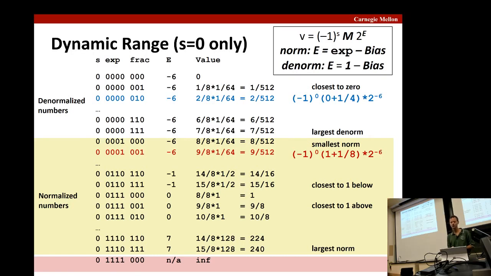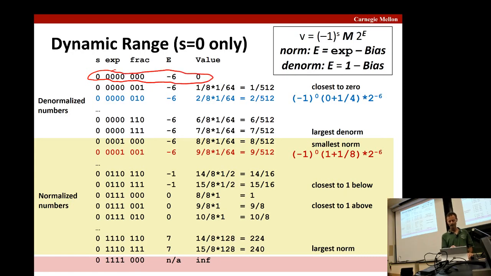So what does it look like? To keep the slide simple, we're only going to show the examples where the sign bit is 0, so just the positive ones, including the positive 0. You can stare at this later, but the main thing to note is that we have 0 here when everything's 0.